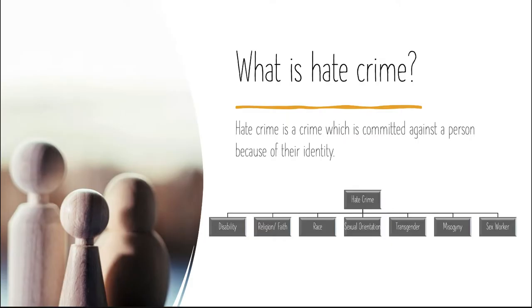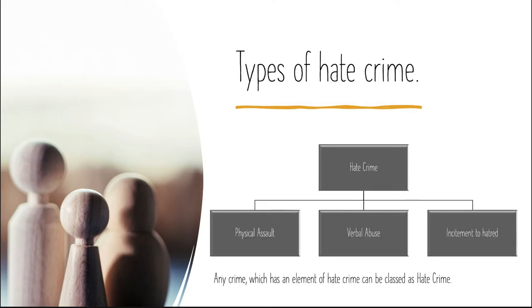So when we break this down a little bit more, in North Yorkshire, there are also the additional categories of misogyny and sex worker status included as aspects of the identity which may pose a risk for hate crime. But what's really important to highlight is that hate crime can include any type of crime that is related to somebody's identity.